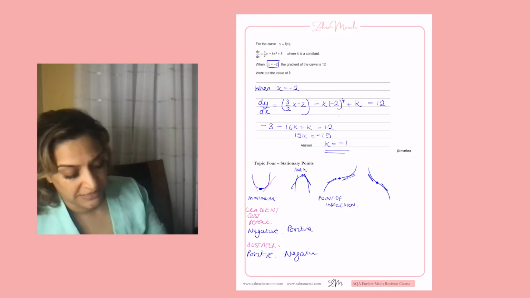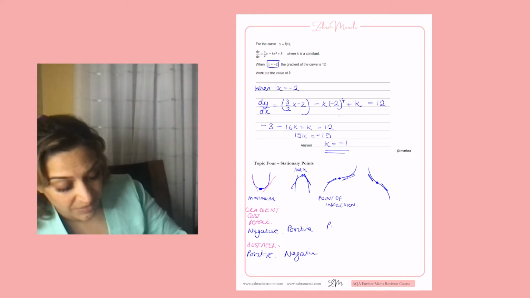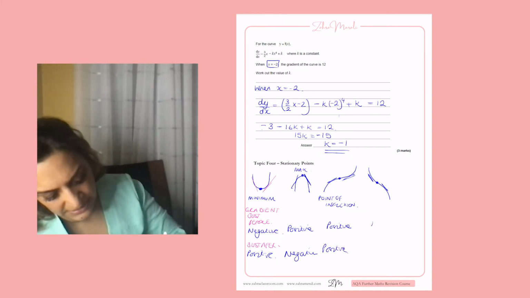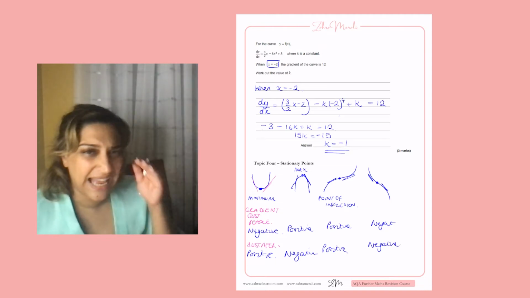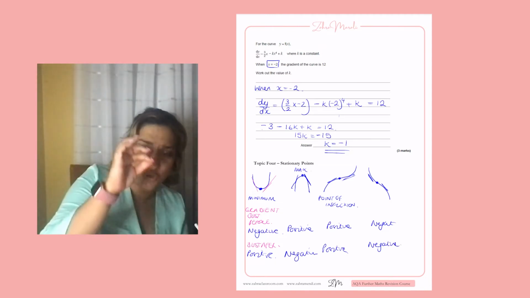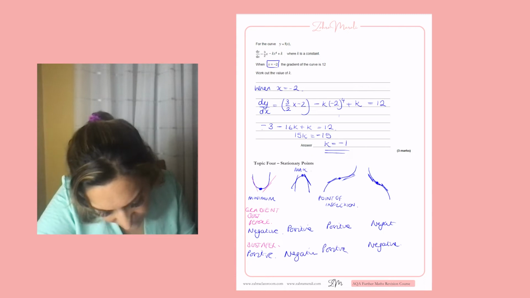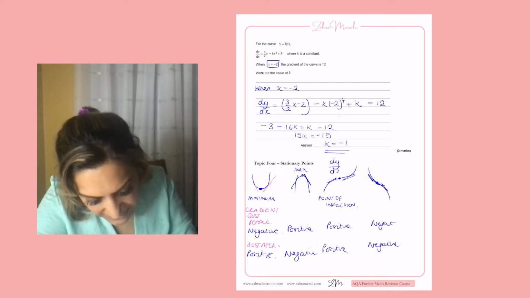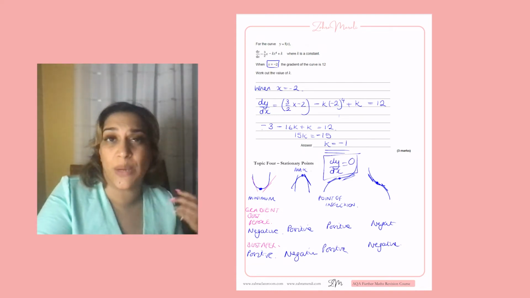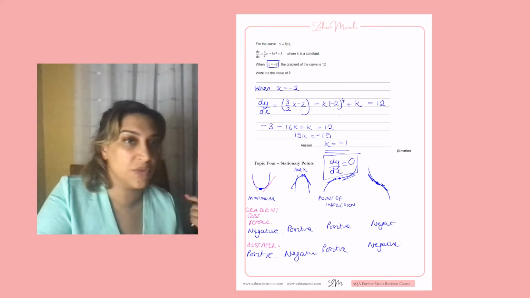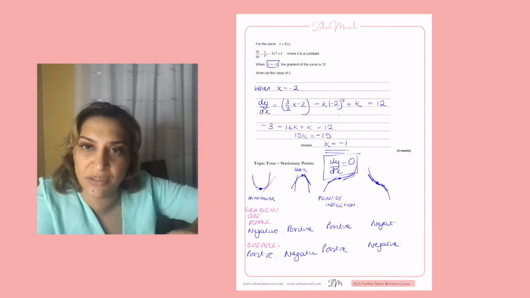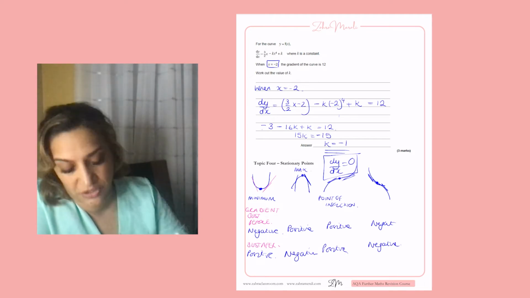And at the point of inflection, it's the same: positive and positive, and negative and negative. But at the actual point, whether inflection, minimum or maximum, dy/dx is always 0. So at a turning point, which is sometimes called a stationary point, where the curve changes direction, this is going to be the case.